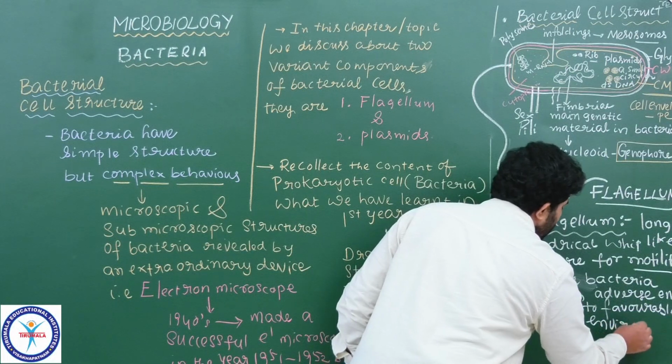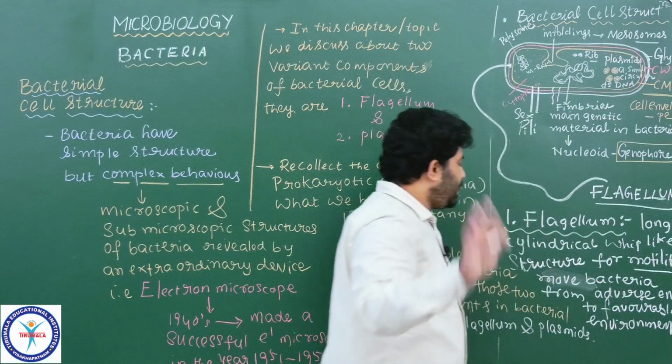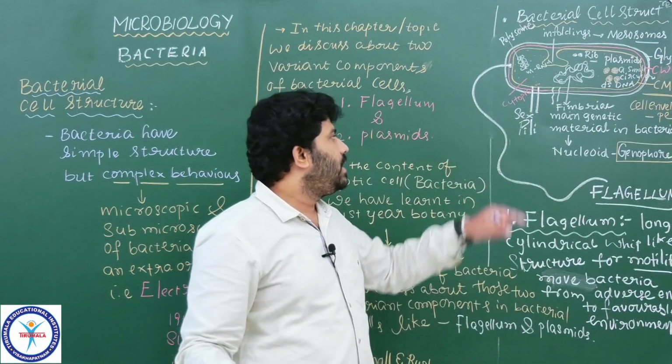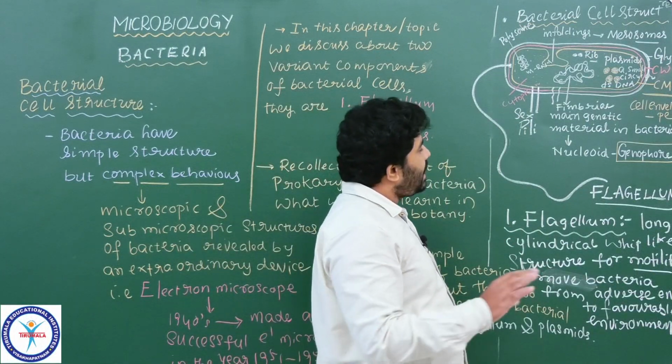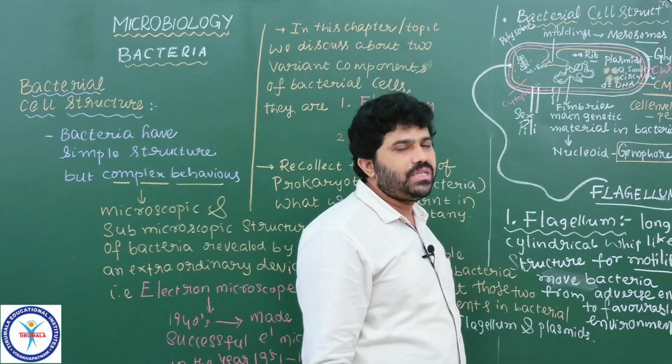Note down, students, favorable environment. By the movement taken by flagellum, the bacterial cell can easily move towards the favorable conditions and move away from the adverse conditions.